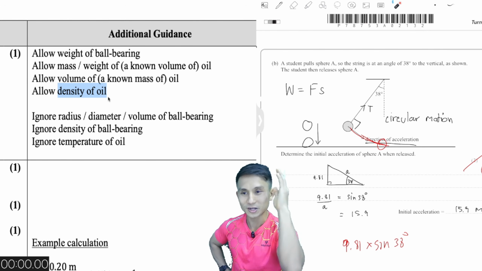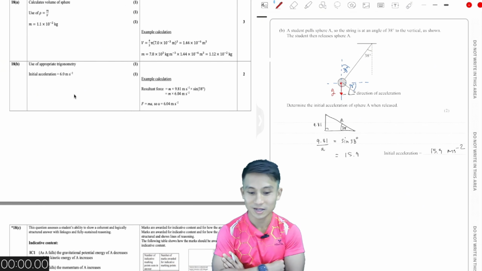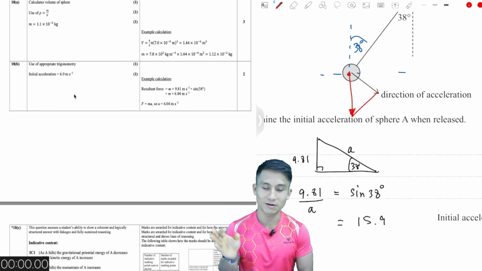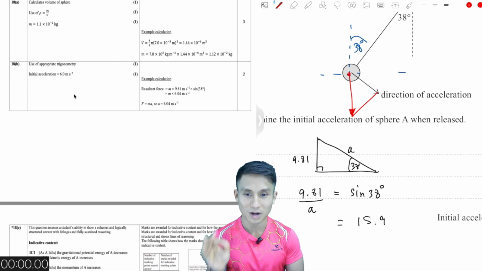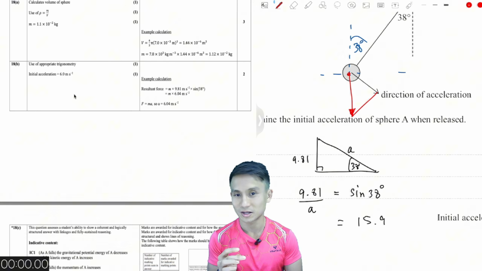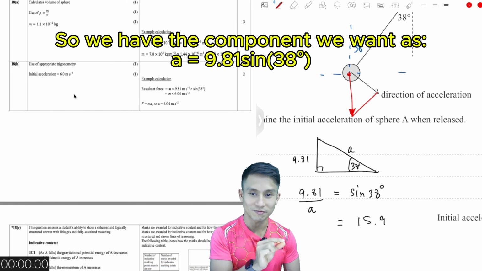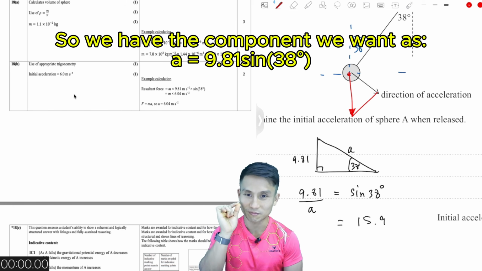So because the vertical acceleration is the same, the acceleration due to gravity is the hypotenuse. Actually, that is the net acceleration, the resultant acceleration. That's why they're doing 9.81 multiplied by sine 38, to find the component.